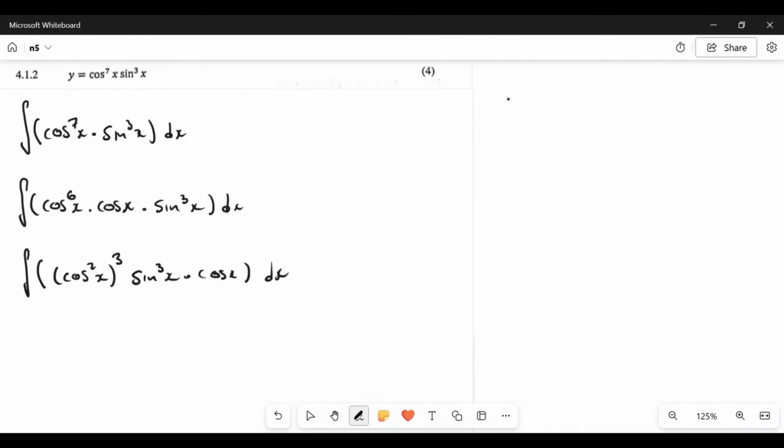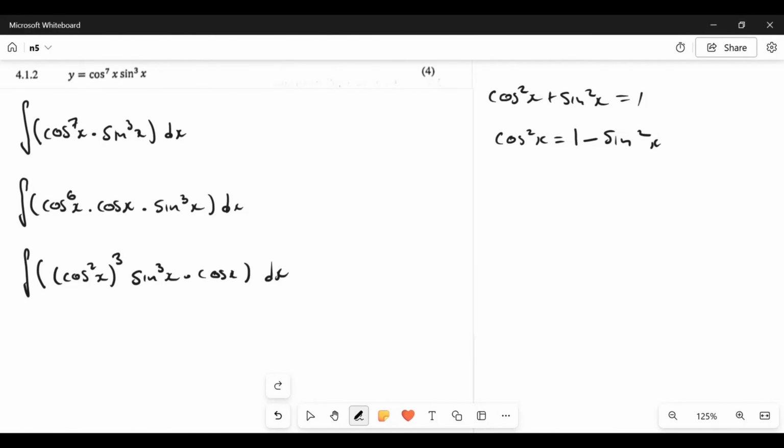If you still remember, we have cos squared x plus sine squared x is equal to 1. So we can make cos squared x the subject of the formula, which is equal to 1, and then transpose this sine squared to the right-hand side, we're going to have negative sine squared x. There we go. So instead of writing cos squared, we can write 1 minus sine squared x.